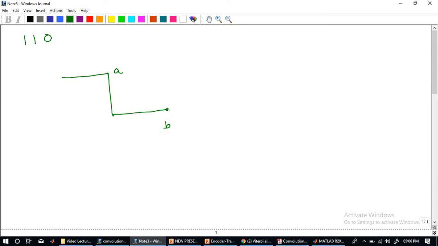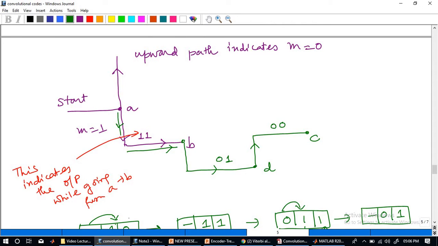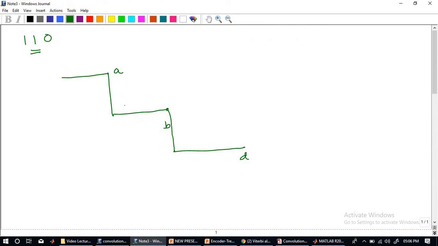Now again the message bit is 1, so I go down and reach another state, which we have calculated earlier as D. So we are at this position of D. The corresponding branch weights we can also write: 1, 1 and 0, 1. So 1, 1, 0, 1.